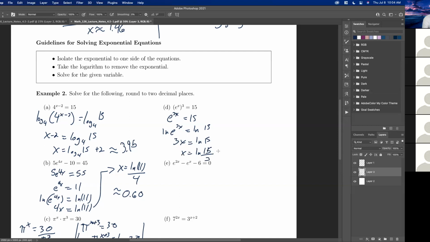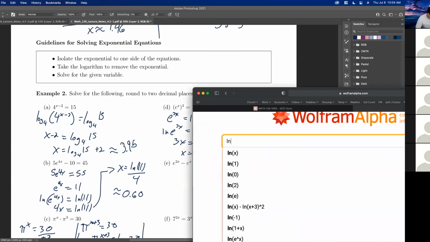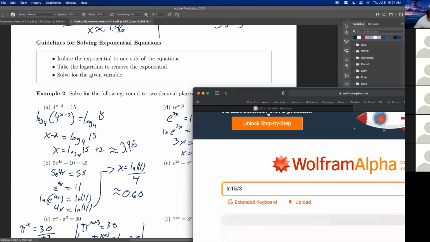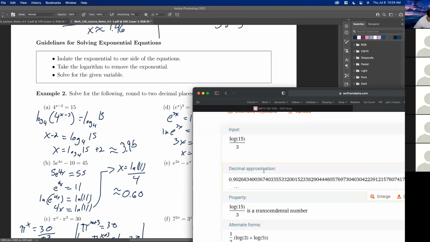natural log of 15 divided by 3. And that's approximately, I did not calculate this one beforehand for some silly reason, but we can calculate it real quick. ln of 15 divided by 3. Oh, good, it typed it in correctly.